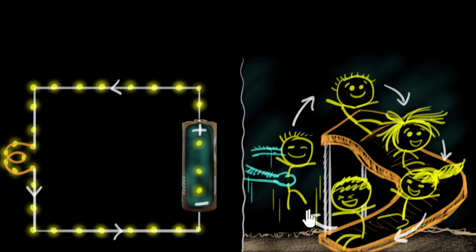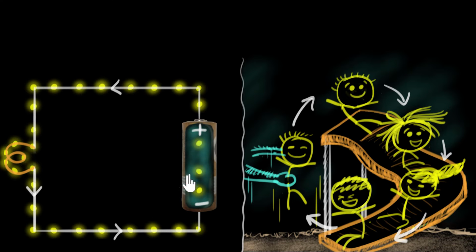And just like over here, for continuous motion of the kids, someone needs to continuously keep picking these kids up and putting them back over here, pushing them against gravity. Over here, someone needs to keep picking up these charges and pushing them back up continuously against the electric force.